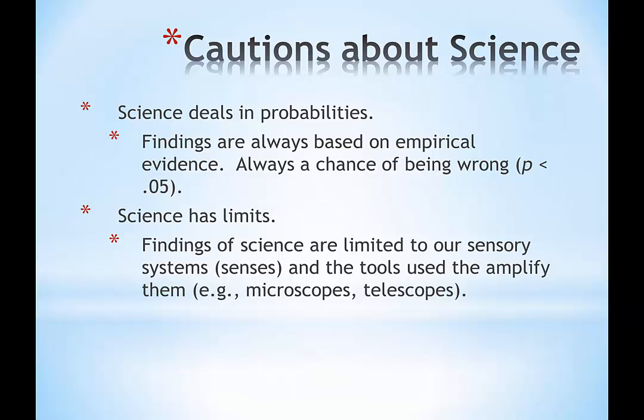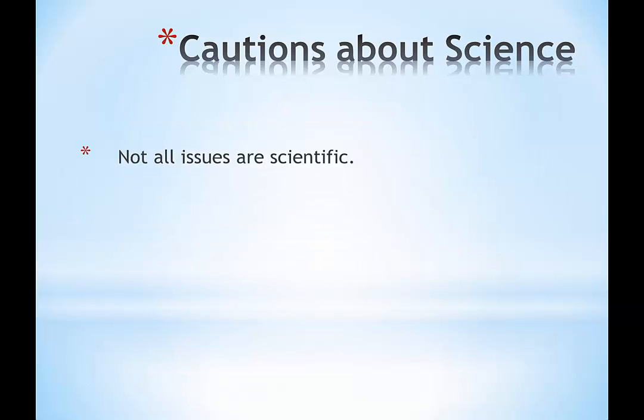So there's limits. For example, we know that there are tones in the sound spectrum that are below our audible spectrum and they're above. And so sometimes dogs can hear sounds that humans can't, and so on. So we're only as good as our tools and the technology we have to amplify those.